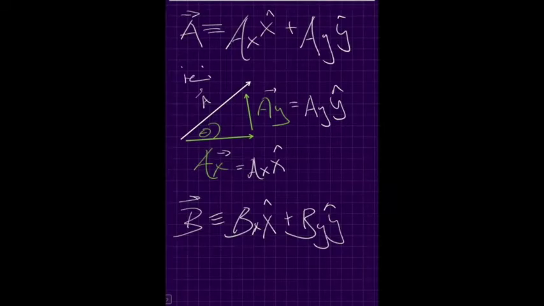Remember, each vector originally was its own sum of components. When I dot two vectors, I dot those two entire binomials with each other.